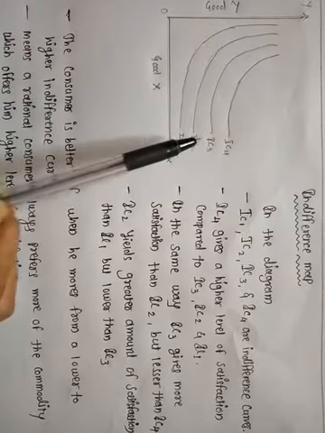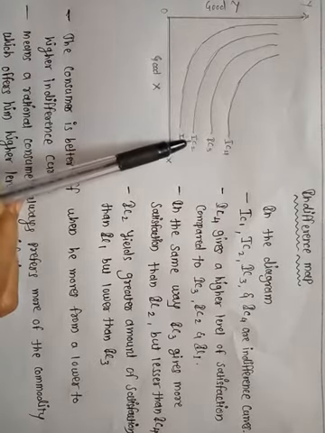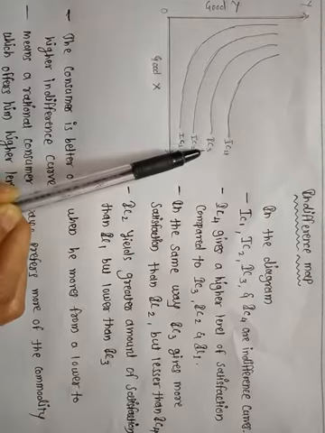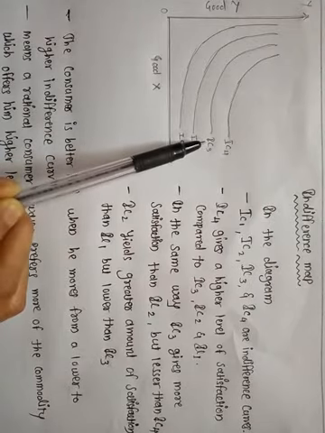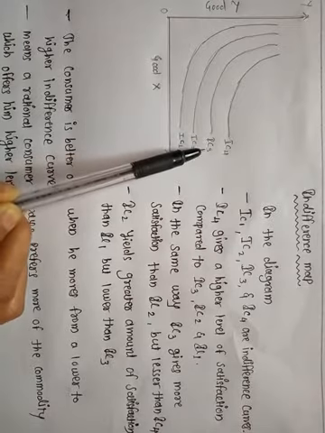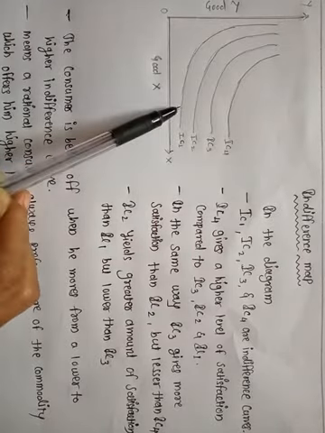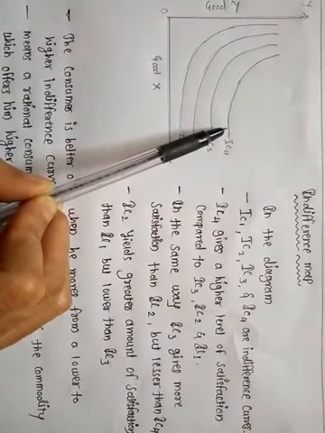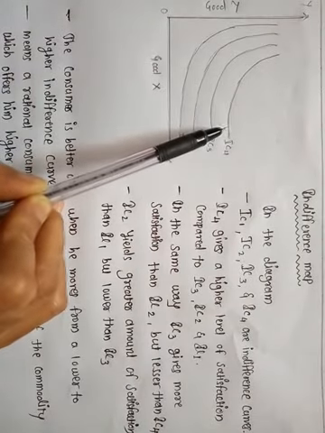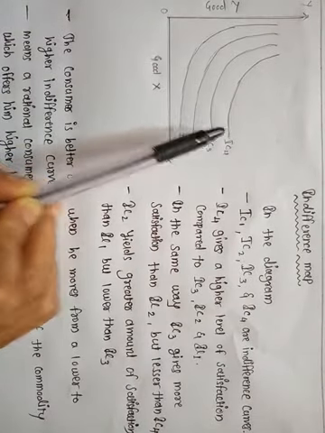If the consumer moves from IC2 to IC3, then he will get more satisfaction from IC3 than IC2. Likewise, when the consumer moves from lower to higher, he gets more satisfaction.